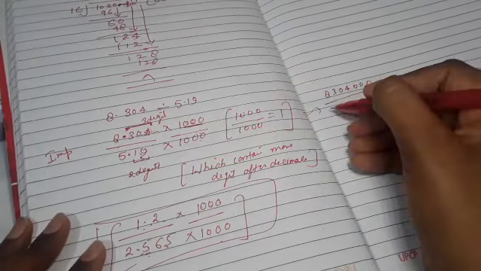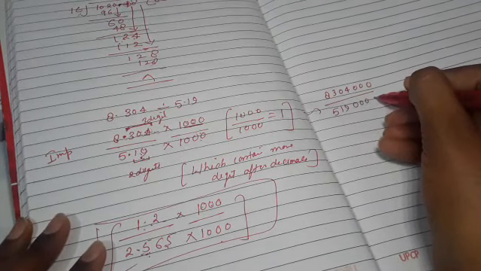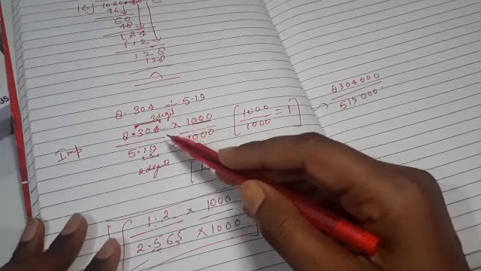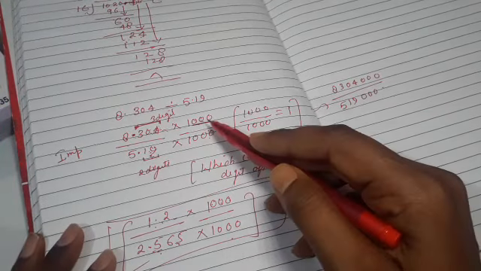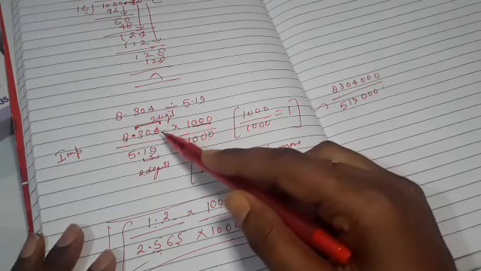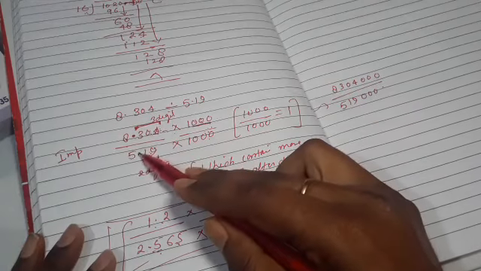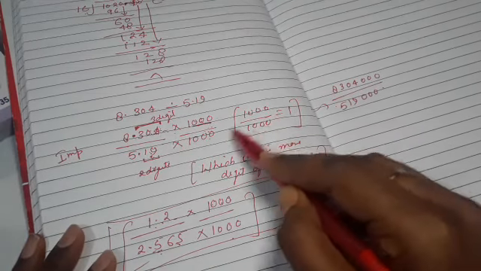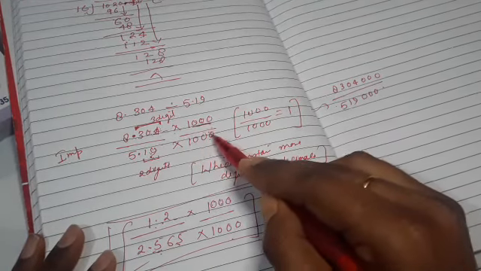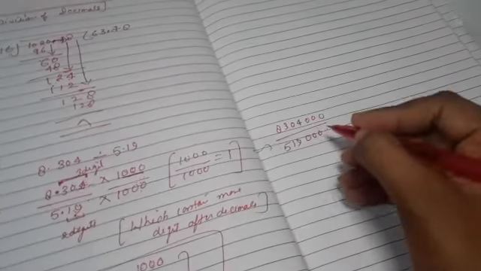Again here 519 and 1, 2, 3 zeros are here. Listen, for multiplying decimals, whenever you multiply by 10, 100 or 1000, write the number as it is, 8304, 519, and after that add the zeros which you multiplied by. Understand? Now you can put the decimals.